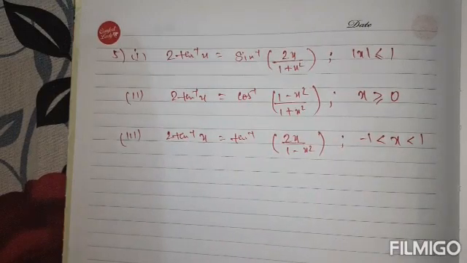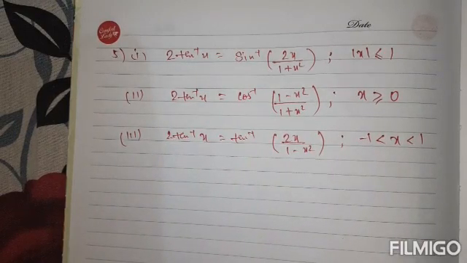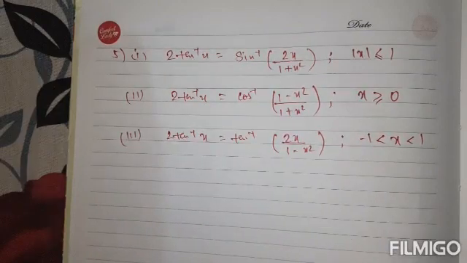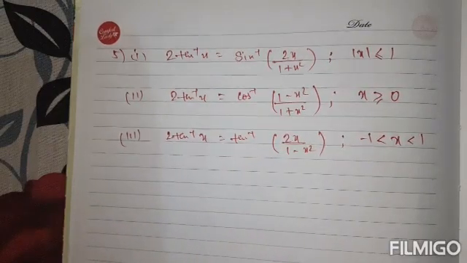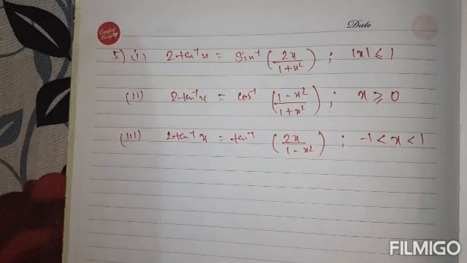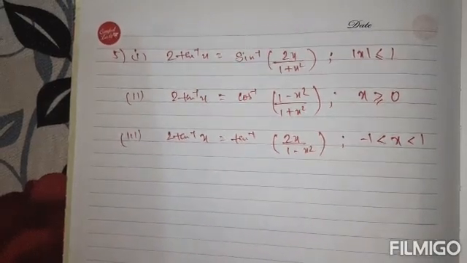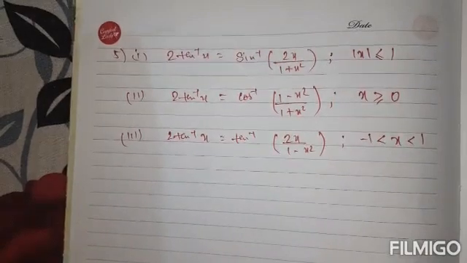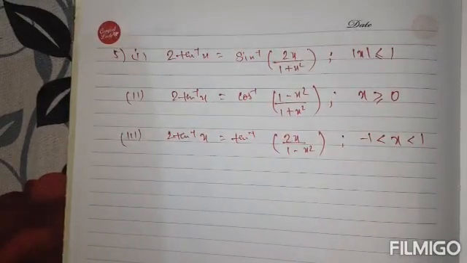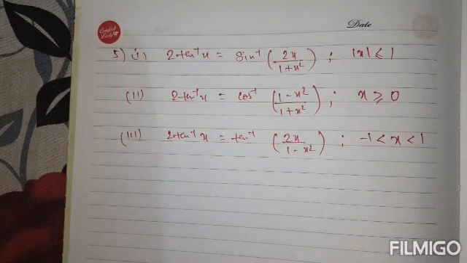The questions in our exercises are based on either simplifying an inverse trigonometric expression, or proving an inverse trigonometric expression, or evaluating various trigonometric expressions based on the formulas we have discussed.